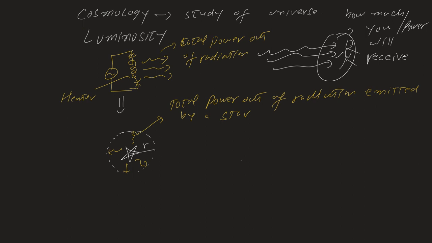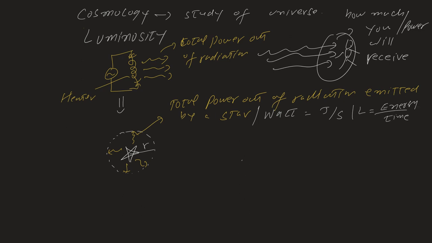So this is a total power output. As it is a total power output, we can measure it in watts, and watt is equal to joule per second. Luminosity is denoted by L, and it is also equal to energy over time.